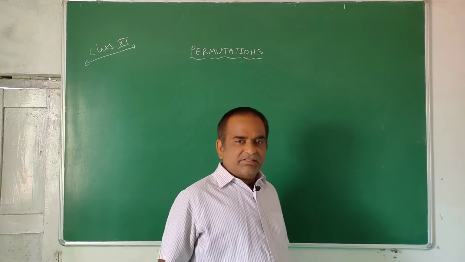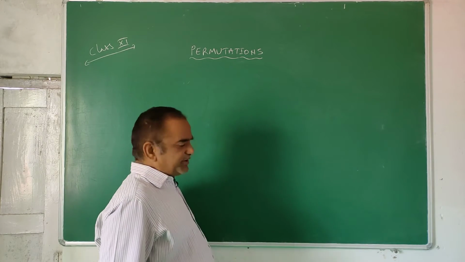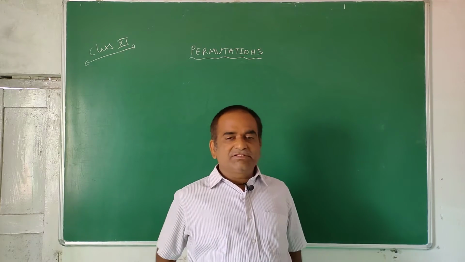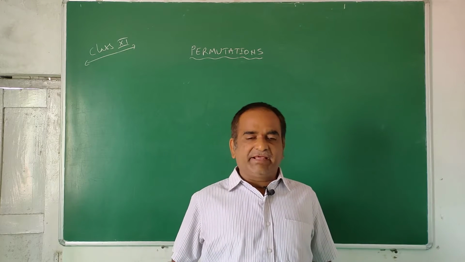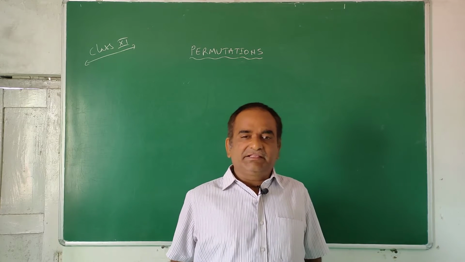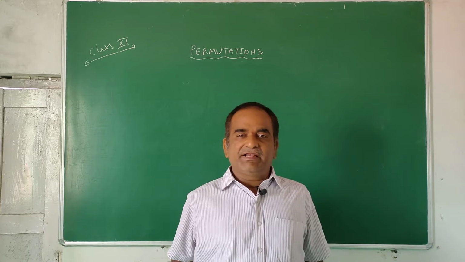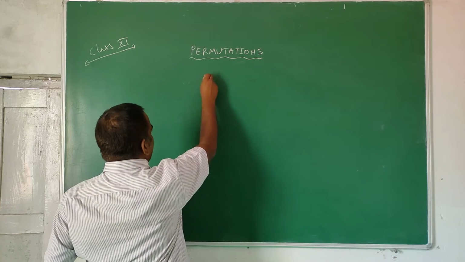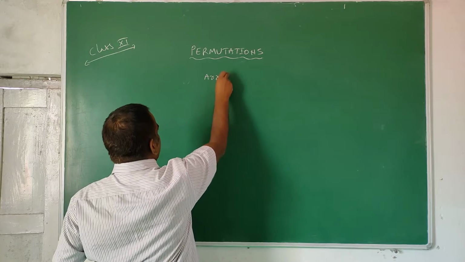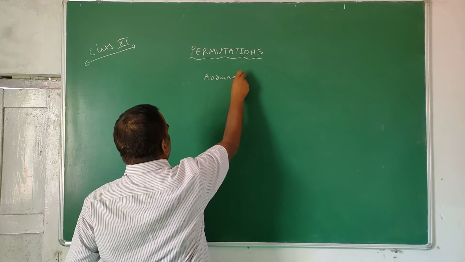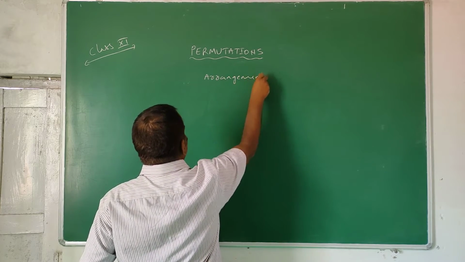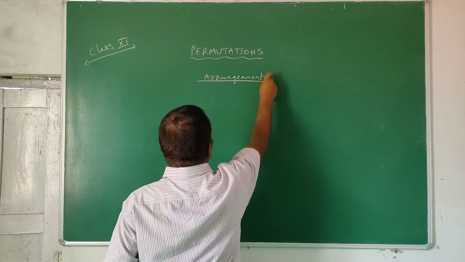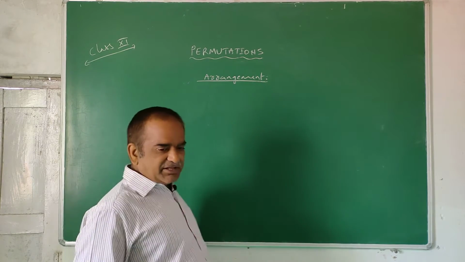Now, dear students, we are going to discuss permutation. Permutation means arrangement, arranging things in an order. It is a very simple definition of permutation.